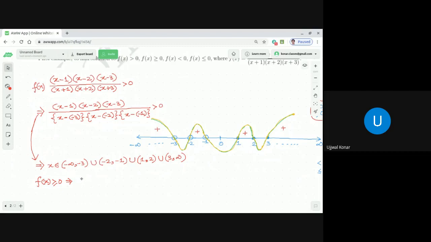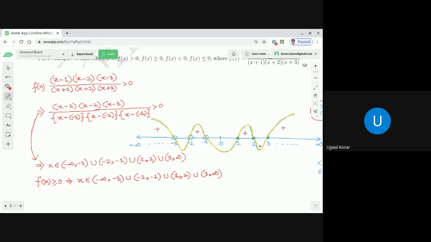That implies x belongs to, first you write this thing: minus infinite to minus 3, union minus 2 to minus 1, union 1 to 2, union 3 to infinite. After that, we need to change that open interval to closed interval for a few points, the points where we marked a filled up circle.